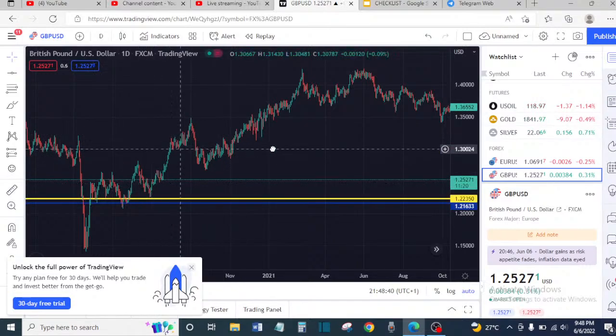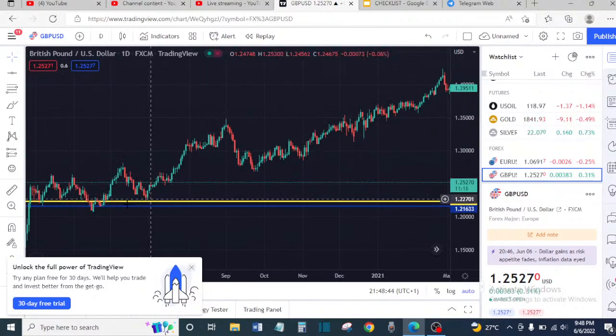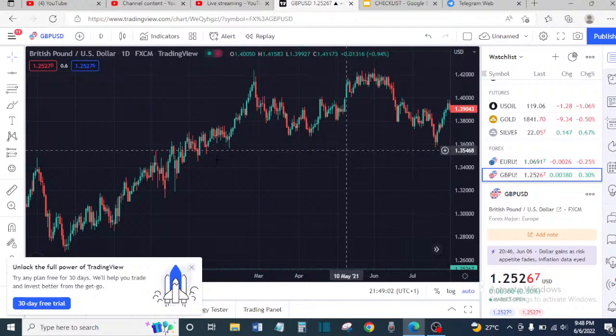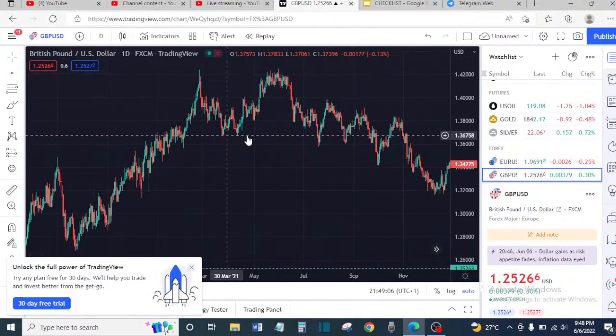Even from where you have this yellow line, it's a support area, and there we have stops. There are stops here, there are stops here, and there are also a whole lot of stops that were taken out. All these stops have been taken out.